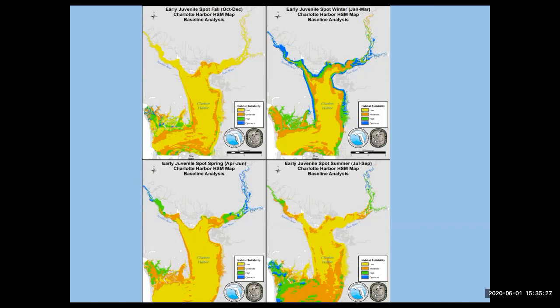There's still some spot in that segment north of the intersection with Shell Creek, but the majority of the population has moved down towards the mouth of Charlotte Harbor. So you have a series of blue spots, which is the optimum zone, near the mouth of Charlotte Harbor.